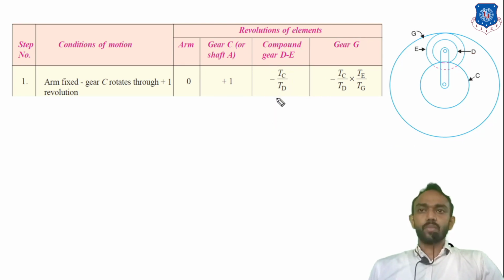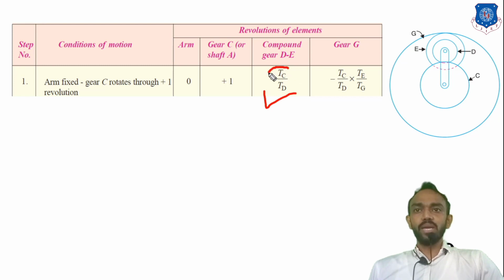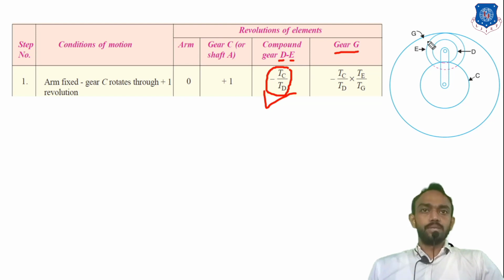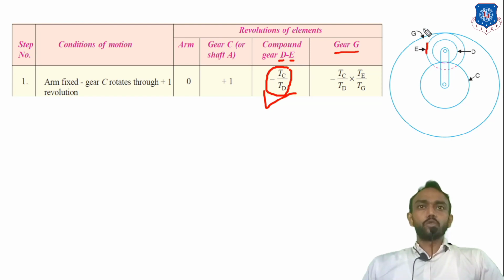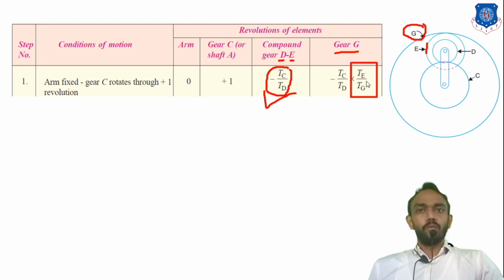Okay, and whenever we talk about the RPM of D or the RPM of E, for both gears the value will be this. Let's start for G. G is connected to E, so the RPM of G can be written as this. Why this? Because for G the driver is E, so TE, the driver, upon TG.